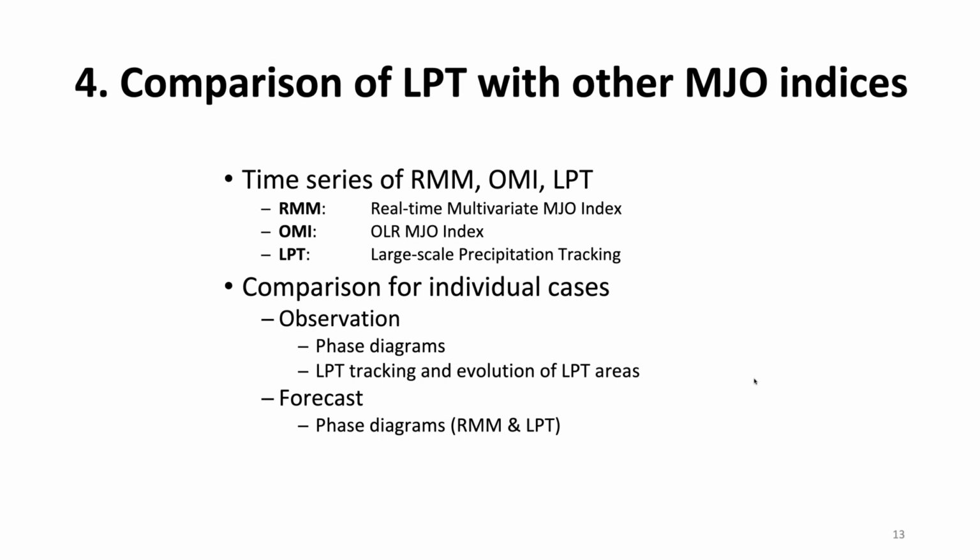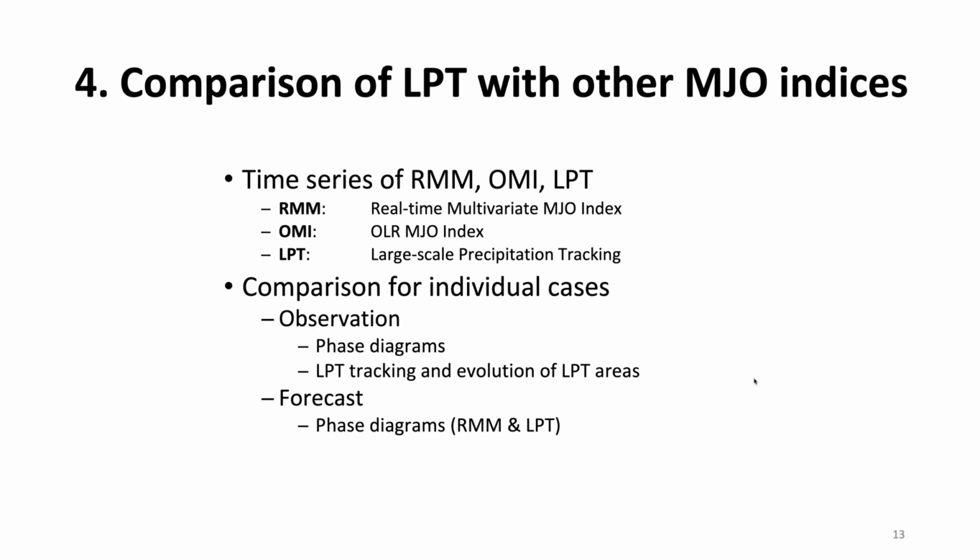The first type are periods of reasonable correspondence among the three indices. For example, January and February 2017, and January and February 2018. For those two periods, we see a good correspondence, and all indices show relatively strong amplitude.